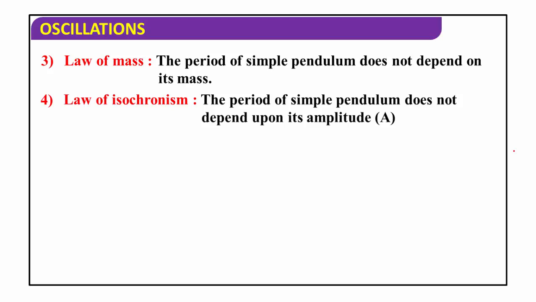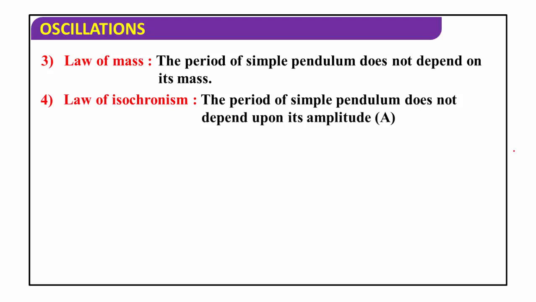And the time period of the simple pendulum is inversely proportional to the square root of its acceleration due to gravity. That is the second law. And the third law is the law of mass. The time period of the simple pendulum does not depend upon its mass. It depends only on its length and acceleration due to gravity, and it does not depend upon its amplitude.